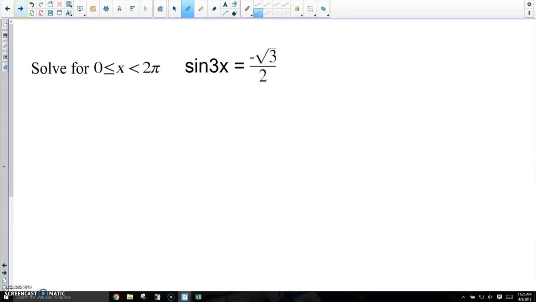All right, last problem. So the sine of 3x equals negative square root of 3 over 2. This time, I'm going to do the same idea. I'm going to let u equal 3x. So that gives me a new equation of the sine of u is equal to negative square root of 3 over 2.